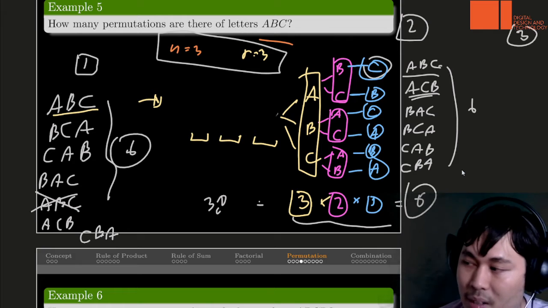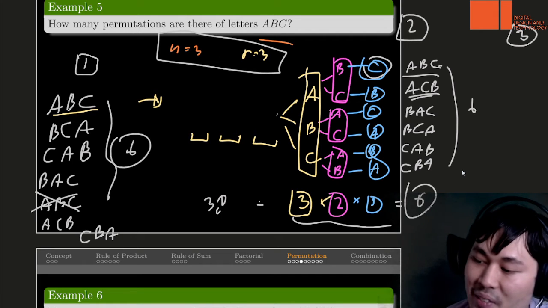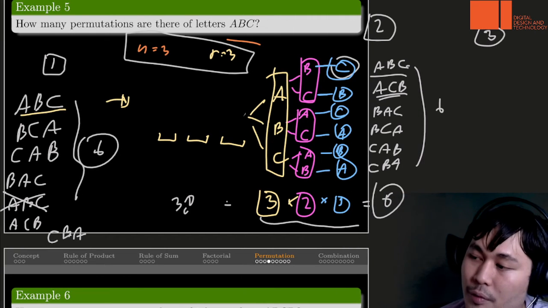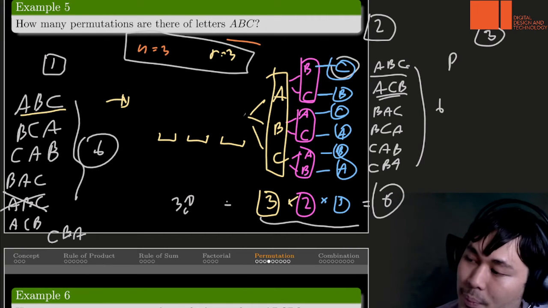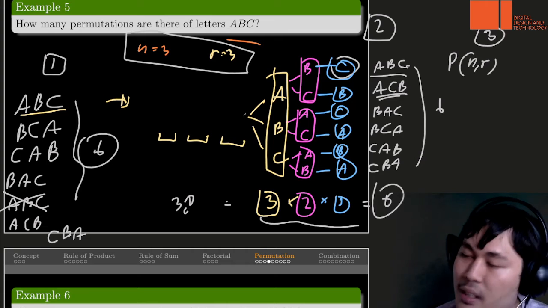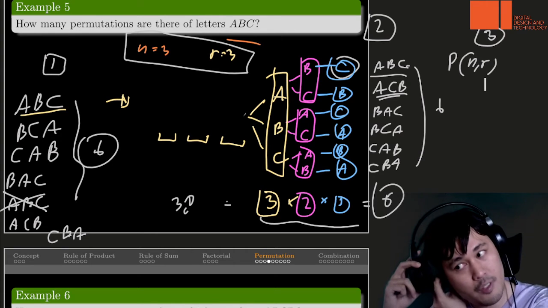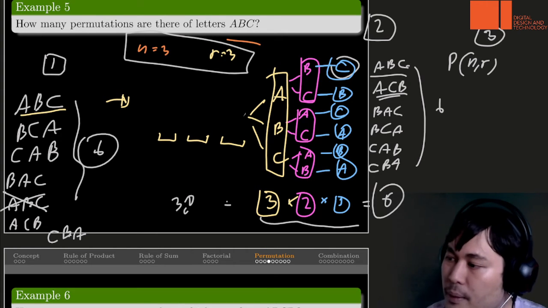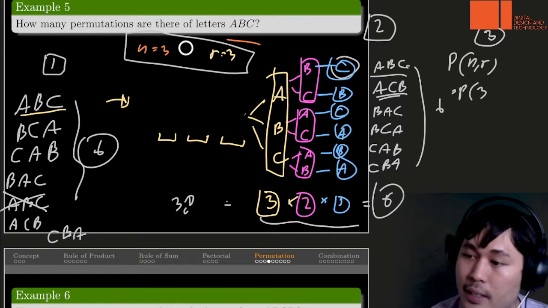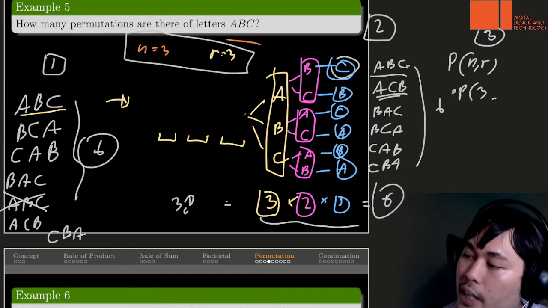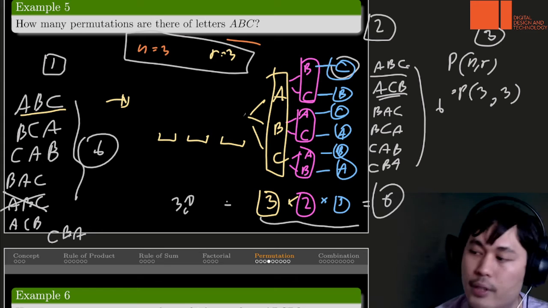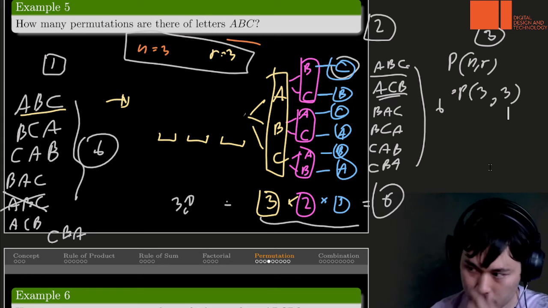The third way is, of course, the formula, but we didn't have it yet. But just to give you an idea of the formula, the formula is P of n and r. You will see the formula in a moment. n is 3. There are 3 letters to choose from, and we choose all 3 to arrange or to permute.